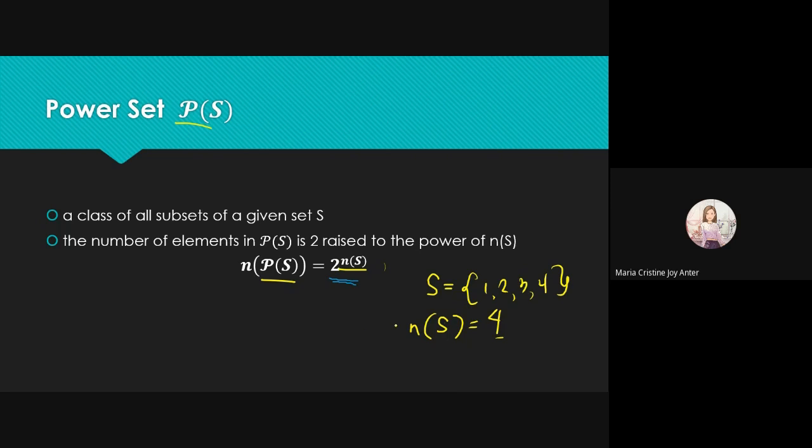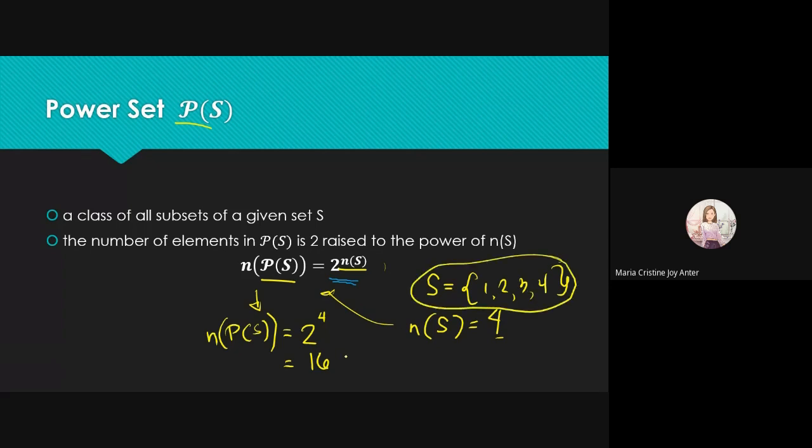Going back here, we can write this as the cardinality of our power set S is 2 raised to 4. Therefore, 2 raised to 4 is actually equal to 16. Therefore, ang power set nga ma-generate gikan aning set S is 16 kabuok subsets ang atong dapat masulat.